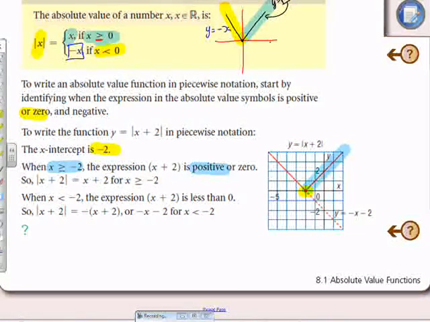That's the positive part. Then you've got when x is less than negative 2, coming up the other side. That was the negative expression for it. We've got the negative. We needed to flip it up from its original.